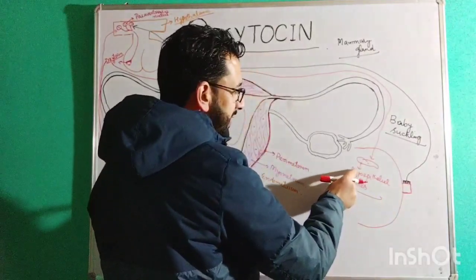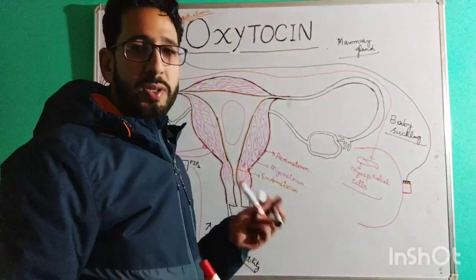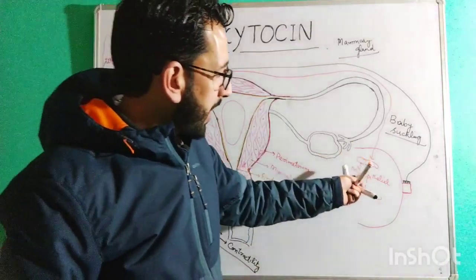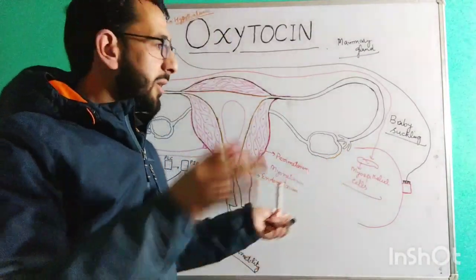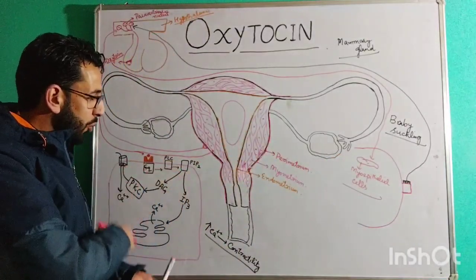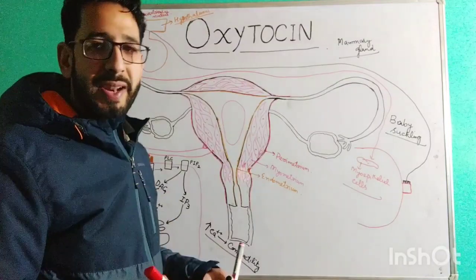When these myoepithelial cells are targeted by oxytocin, oxytocin is playing the same role. It is increasing the intracellular calcium, and it is increasing the contractility.